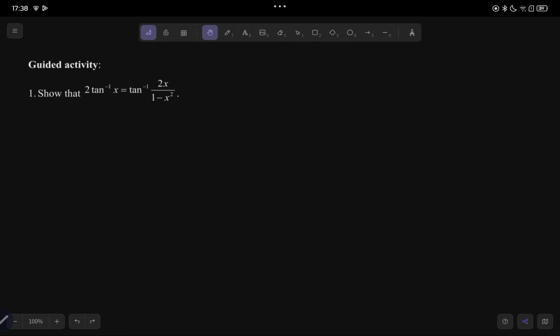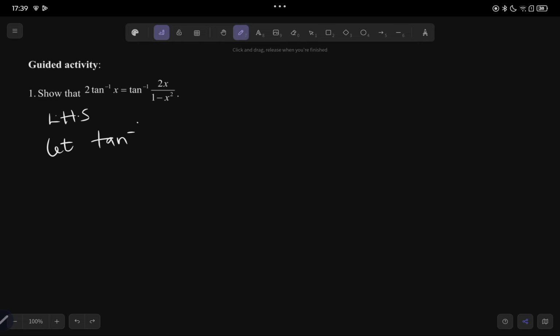We shall begin from our left-hand side. On the left, we have 2 tan inverse x. What if we let that tan inverse of x to be an angle, say, A, which means 2A now becomes tan inverse of 2x over 1 minus x squared.